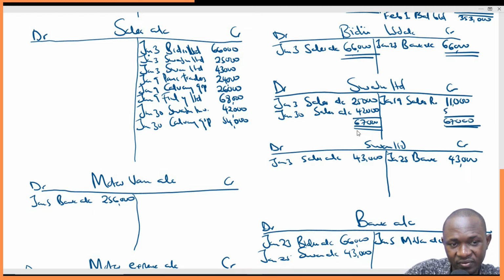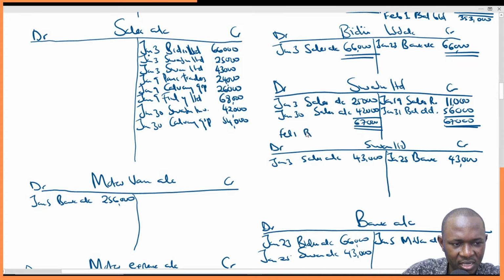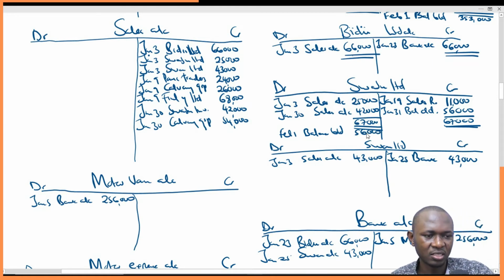The difference is 56,000. So we'll say January 31st, balance carried down is 56,000. Then we come here and say Feb 1st, balance brought down is 56,000, like that. So that's how we go about it.